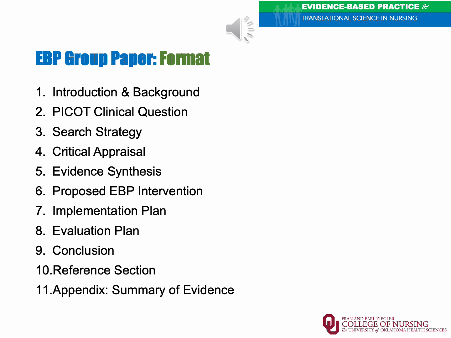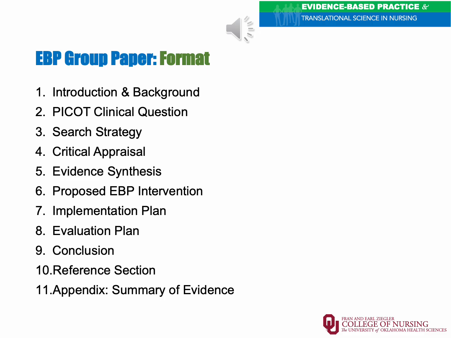Now these are the suggested sections of your EBP paper. You start with introduction and background. Here you're going to identify a significant clinical or organizational practice problem and its relevance to patient outcomes, safety, quality, or cost. The next section is your PICO clinical question.